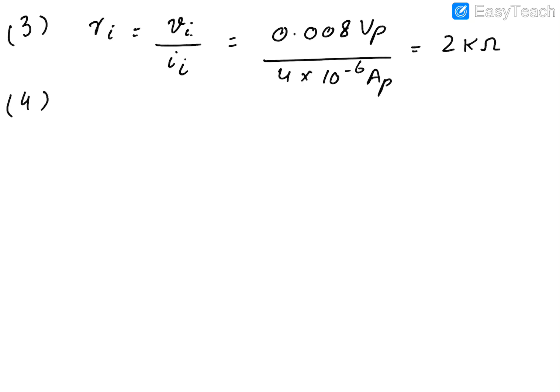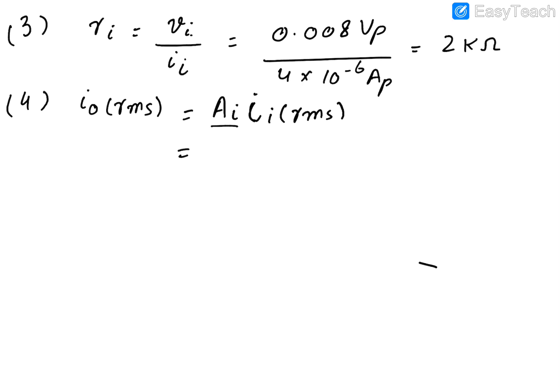Next we have to find the value of output current, or its RMS value. So this will be equal to current gain multiplied by the RMS value of input current, as the current gain is equal to the ratio of output current and input current.